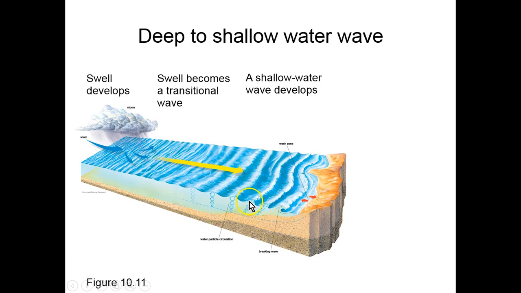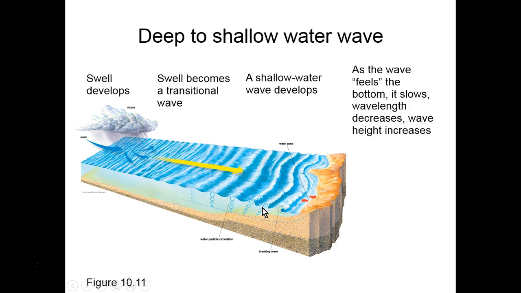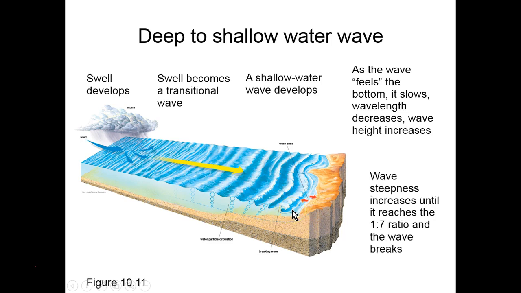So as waves approach the shore, the wavelength, or the distance between one wave to the next, decreases. So as the wave feels the bottom, it slows. The wavelength decreases, and now you have the bottom pushing on it, and you have two waves that are coming together, which causes the wave height to actually increase until eventually the wave breaks on the shore.